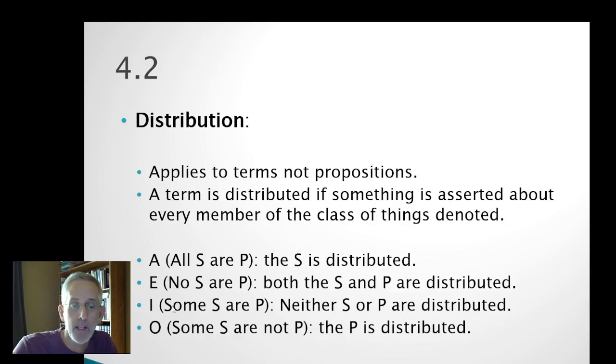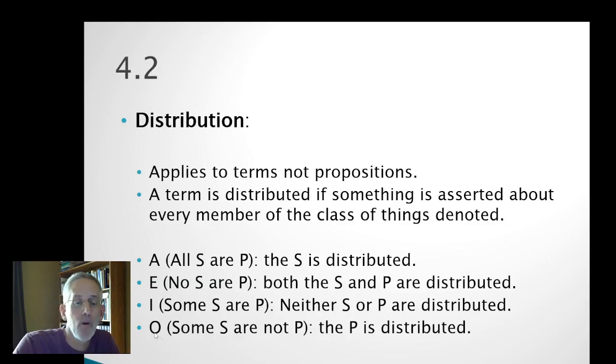I'm saying something about at least one dog, but I'm not saying anything about every single dog, and I'm certainly not saying everything about every mammal if I'm saying some dogs are mammals. Not every mammal is a dog, obviously. So in an I-form proposition, neither the S nor the P is distributed.